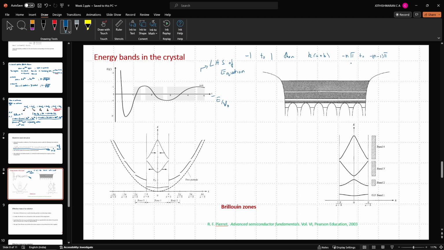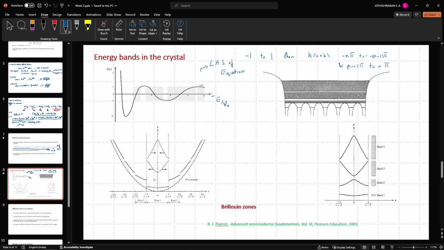So this is one region, and (n minus 1) pi, not n minus pi, (n minus 1) pi to n pi. So these are the allowed k values every time, like this f of xi crosses the region -1 to 1 multiple times.